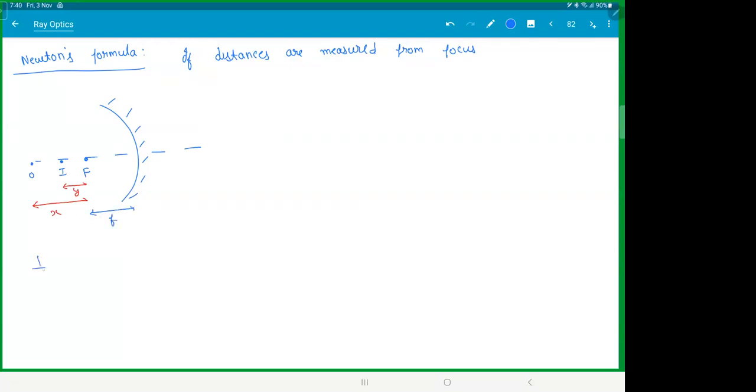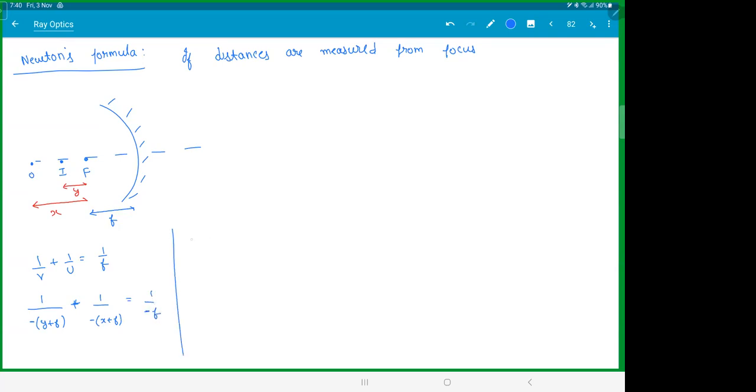So if you apply the formula, 1 by v plus 1 by u is 1 by f. So v will be minus of y plus f, u will be minus of x plus f. This will be 1 by minus f.